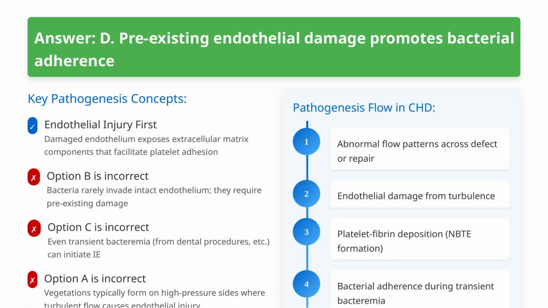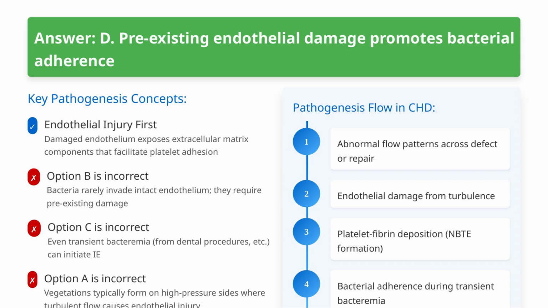Pre-existing endothelial damage promotes bacterial adherence. This is a fundamental concept in infective endocarditis pathogenesis. In repaired congenital heart defects like tetralogy of Fallot, abnormal flow patterns create turbulence that damages the endothelium. This damaged endothelium exposes extracellular matrix components that facilitate platelet adhesion and formation of non-bacterial thrombotic endocarditis.